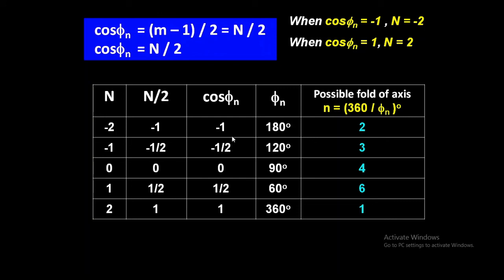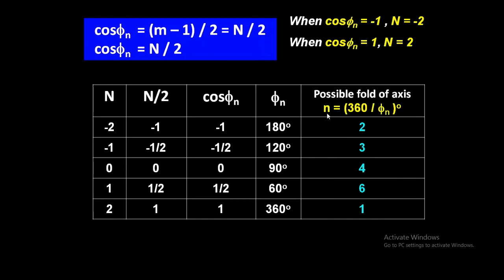According to trigonometry, the value of cos phi n is minus 1 at the angle 180 degree. So phi n is 180 degree.